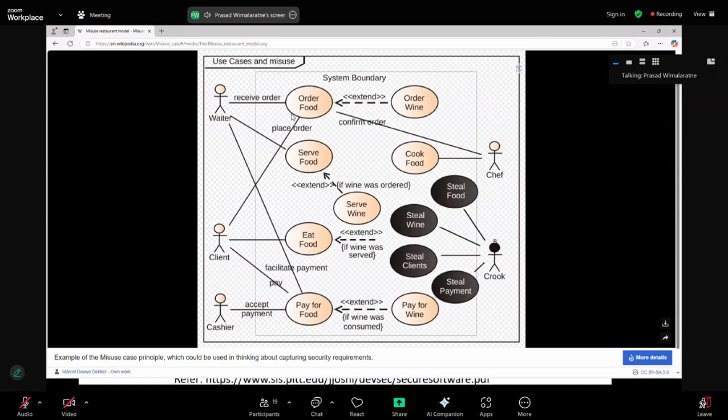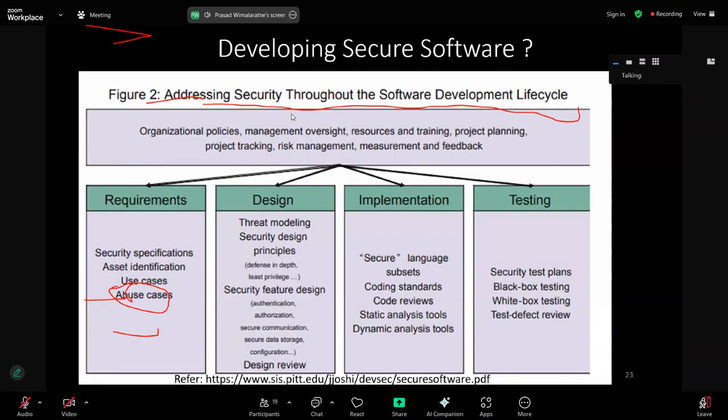So we have a hacker, this is an analogy, of course, trying to steal food, then steal wine and steal payments and whatever. So that's the wrong side of it. So of course, this is just analogy, but I can show you a better one. Maybe let me show you a better example from a banking or some other context.